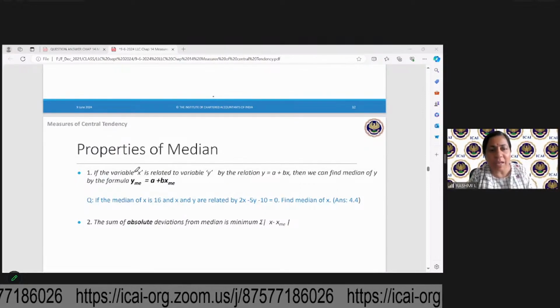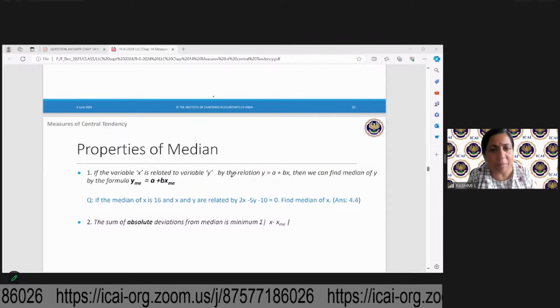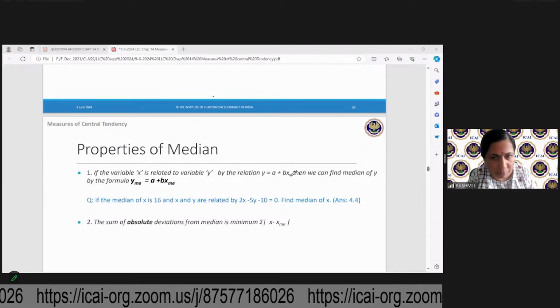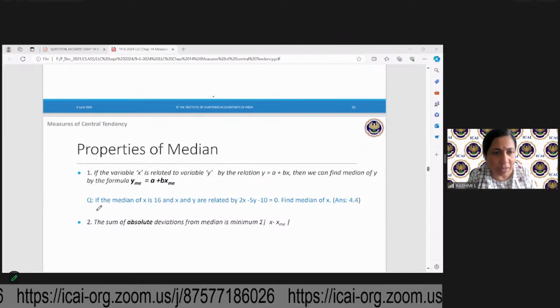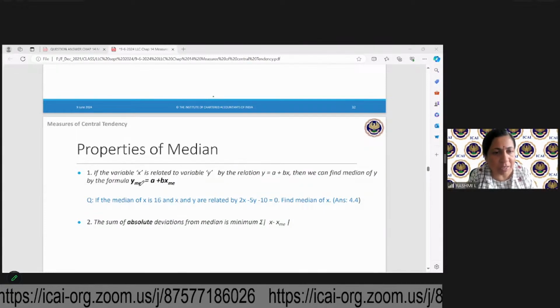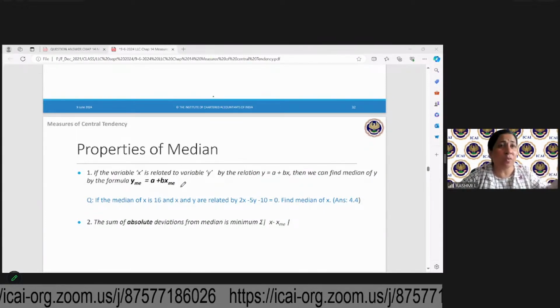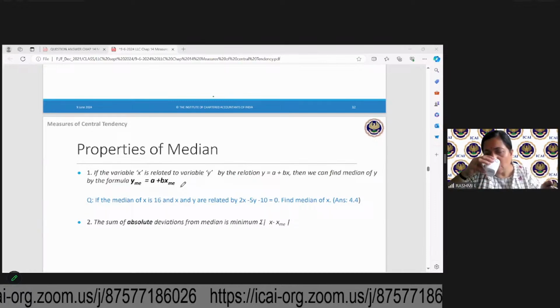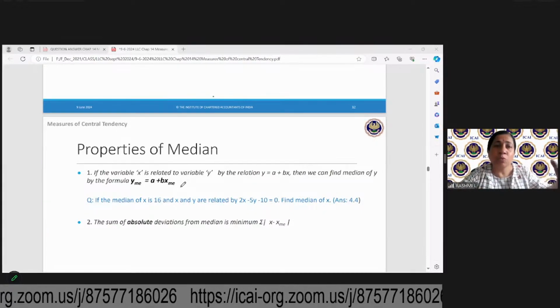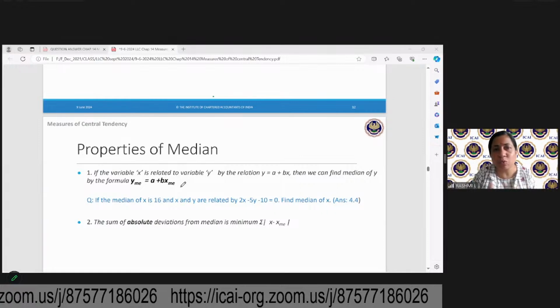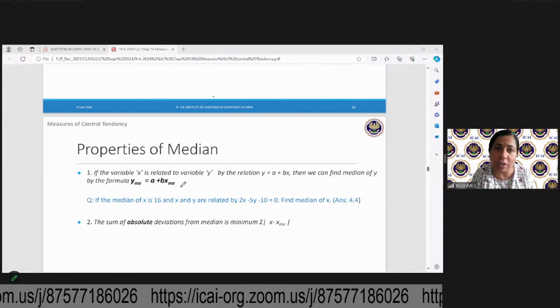If the variable x is related to the variable y by the relation y is equal to a plus bx, then we can find median of y by the formula y median is equal to a plus b x median. See, it is similar to what we did for mean. Whatever we did for mean, the same thing we are going to do for the median.